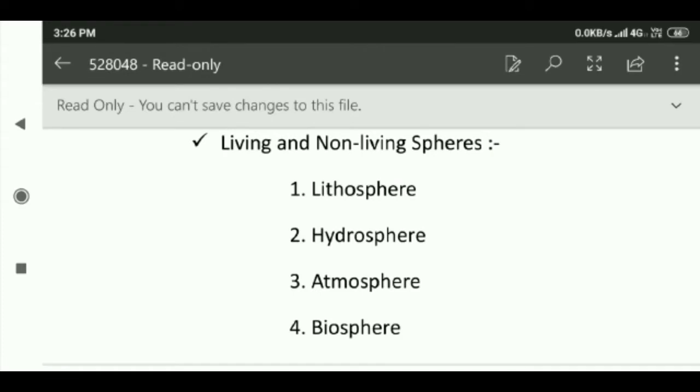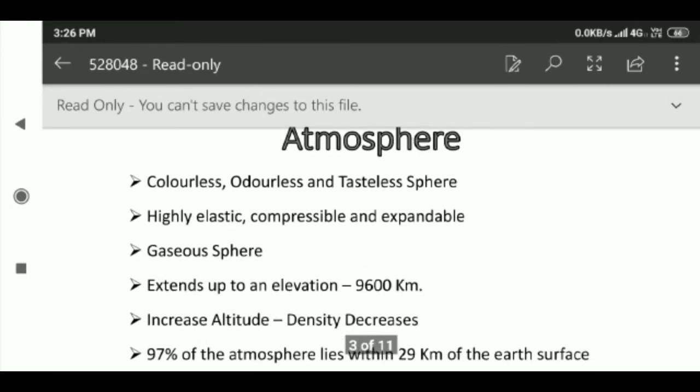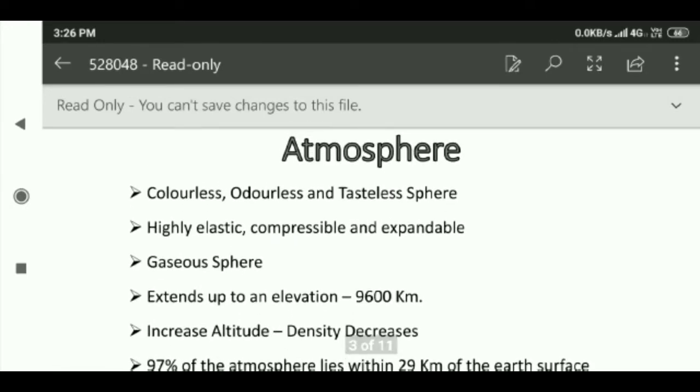There are some features of this atmosphere, that is, it is a colorless, odorless and tasteless sphere. It is highly elastic, compressible and expandable in nature. It is a gaseous sphere and expands up to an elevation of 9600 km.